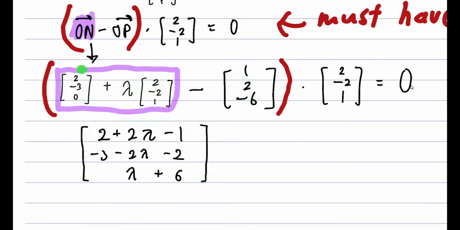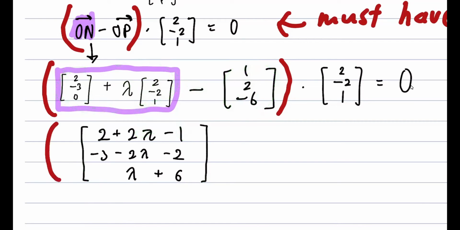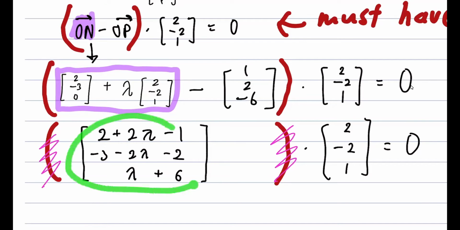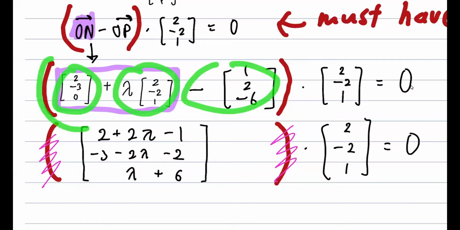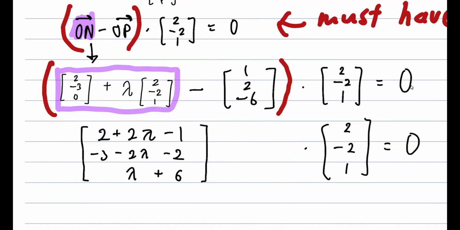So I'm dealing with the purple and the black, which becomes one single vector. Then, yes, bracket, and then you dot product with (2, -2, 1). But of course here, you can drop the bracket. Why? Because now you only have a single term. Previously you had 3 terms. That's why you needed the bracket. 2 or more terms, you need bracket before multiplying. Here there's only a single term, so you can drop the bracket. Okay, so I'm just going to remove the bracket like this.